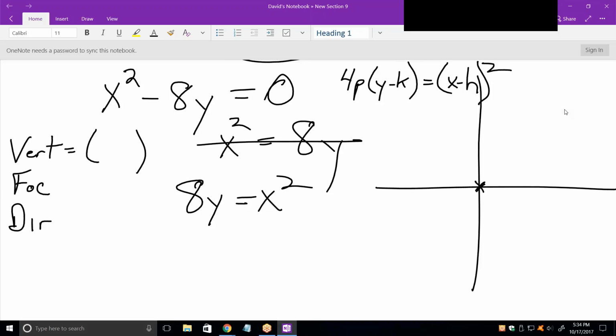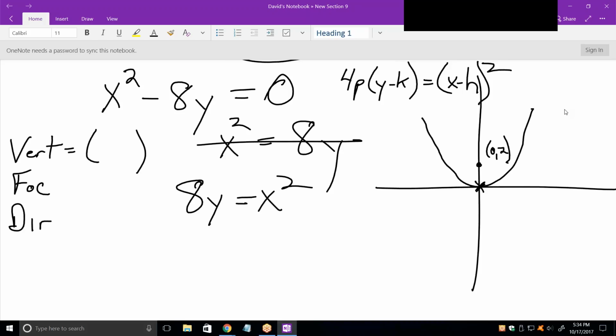Now, what's 4p? 4p has to equal 8, right? Correct. So what would p be? 2. 2 is p. We know we have a parabola opening up, and now we know where its focus is, at 0, comma 2.